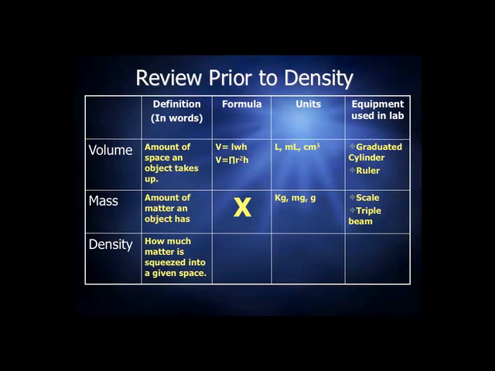The formula for density is mass divided by volume. D equals m over v. Take the mass of the object, we divide that by the volume of the object, and that gives us the density of the object. D equals m over v.